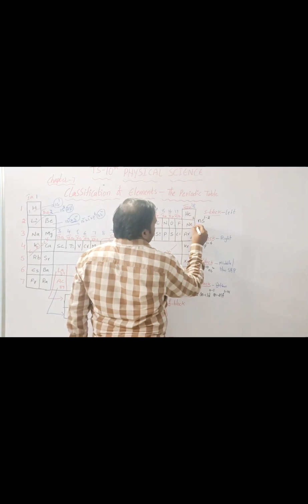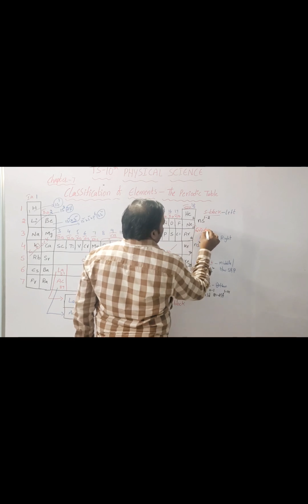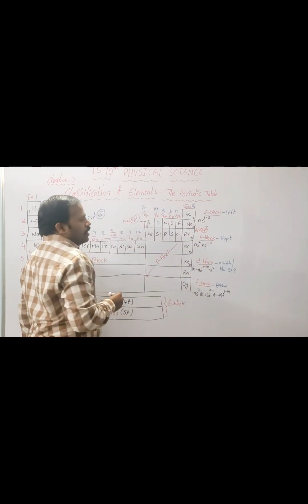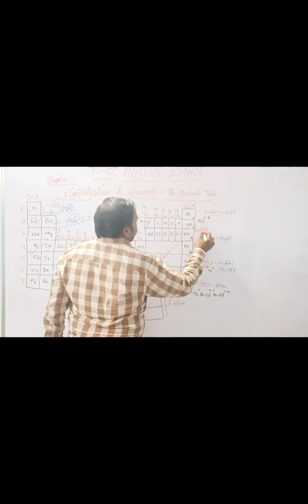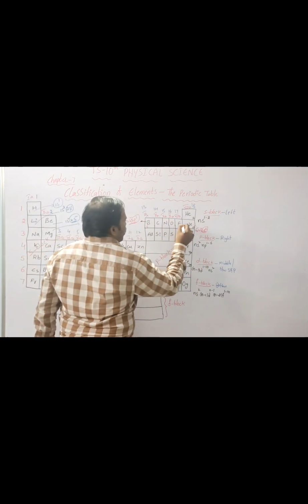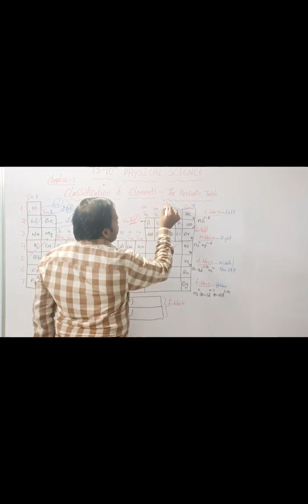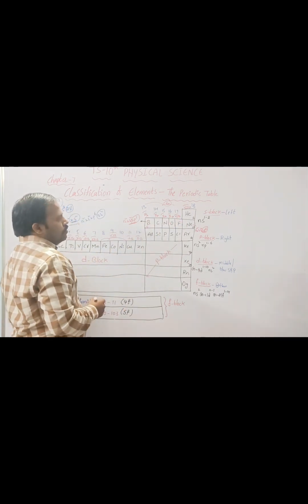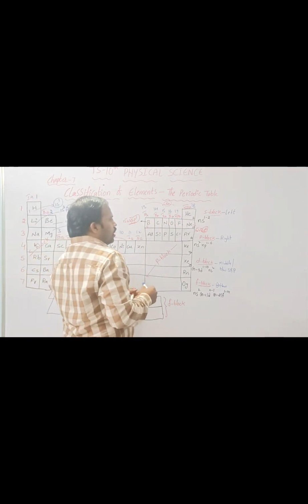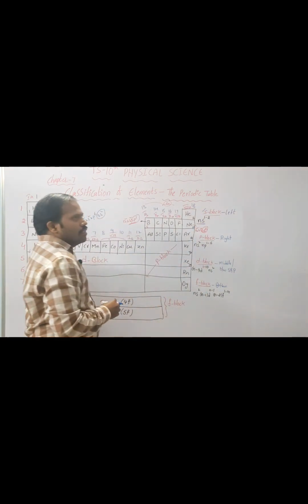Its configuration is 1s2, 2s2, 2p6. So the maximum number of electrons in the p orbital is 6, and it goes from p1 to p6. So a total of 6 groups will be present in the P block. So we wrote here the general configuration: the S block elements configuration is ns1-2.